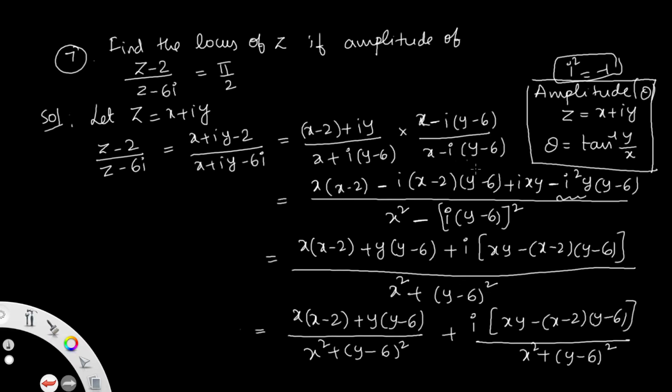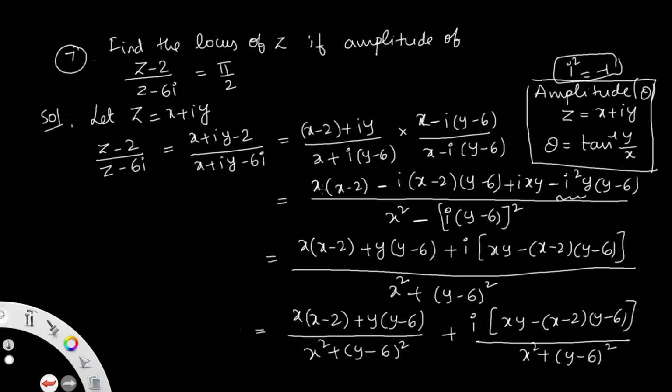Now the general multiplication of the two complex numbers: x into x minus 2, minus i into x minus 2 into y minus 6, plus ixy, minus i square into y minus 6, divided by a square minus b square.